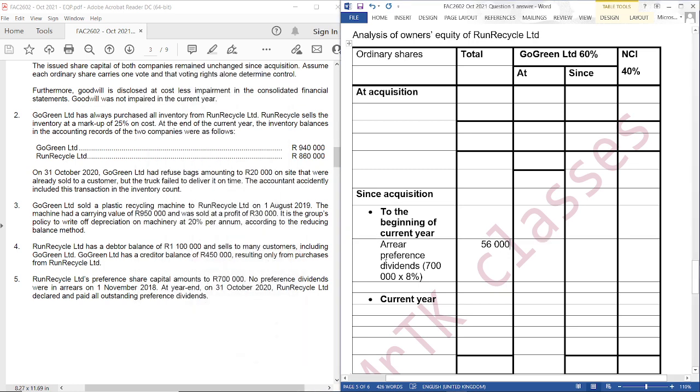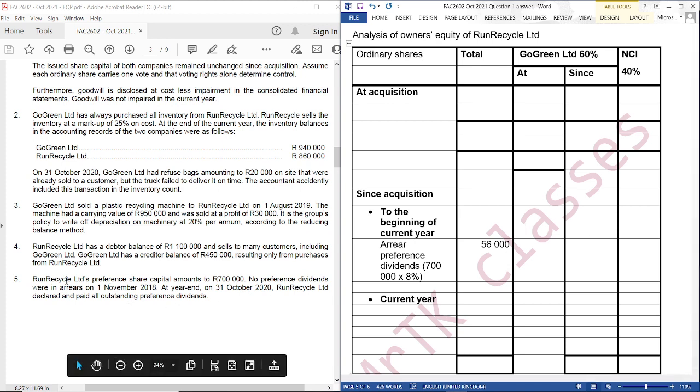The reason why we have this under since acquisition up to the beginning of current year is that dividends were last paid up to 1 November 2018, which is the date of acquisition.